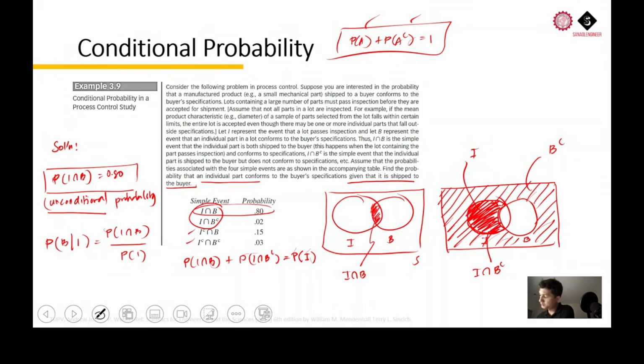Now, if you add these two, the probability of this and the probability of this, you get the probability of I. So that's the denominator. Let's solve that one.